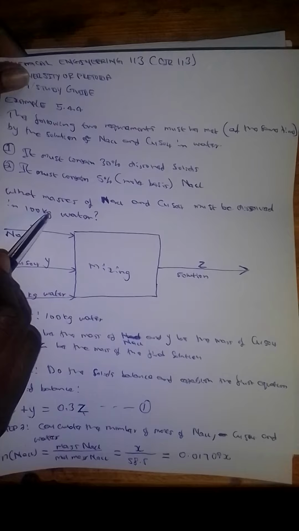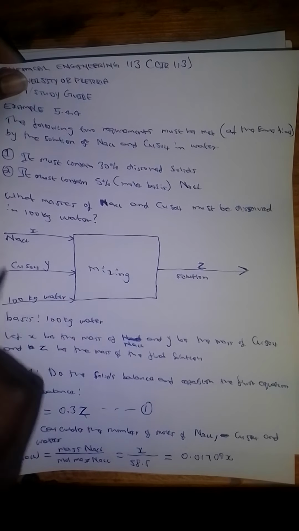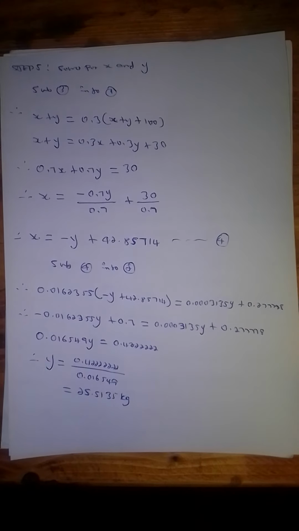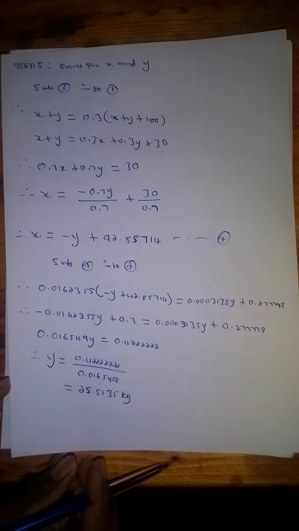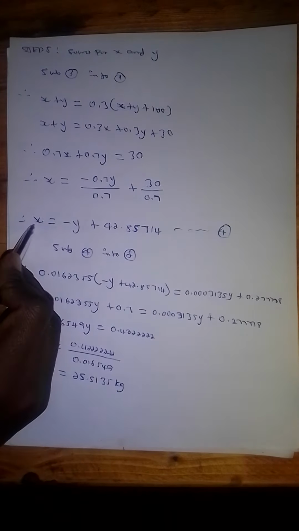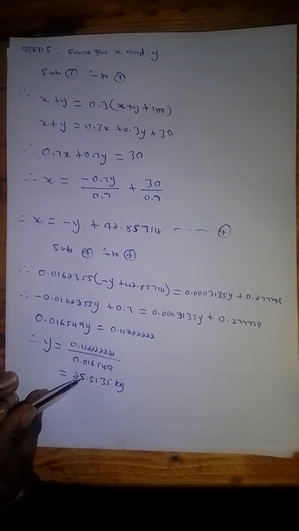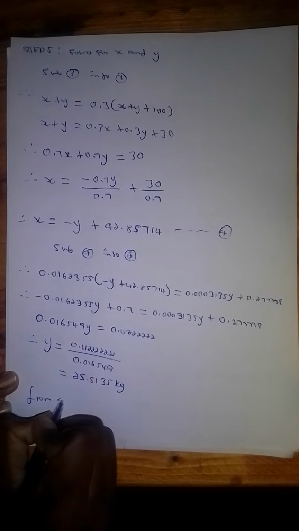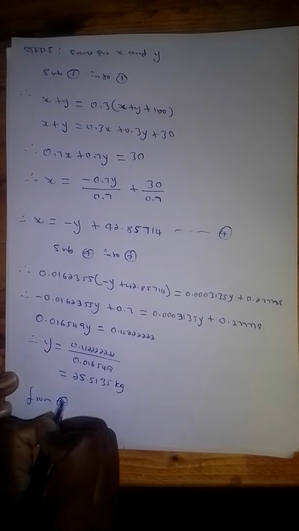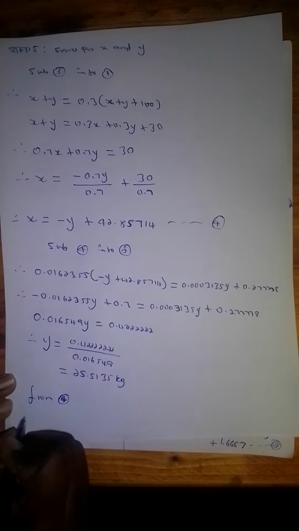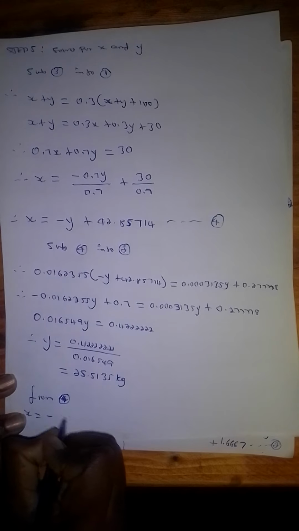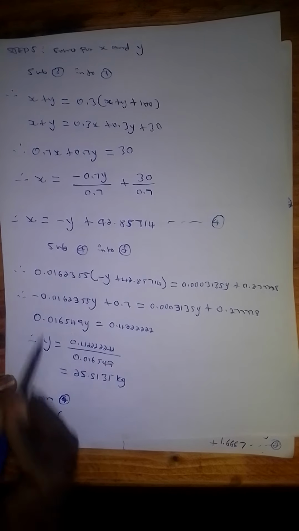And remember, the question said what masses of NaCl and CuSO4. So we have calculated CuSO4 already. We are left with x. Remember, we have x in terms of y, and now we have solved y, so it's nothing big. From equation 4, x equals minus the y.